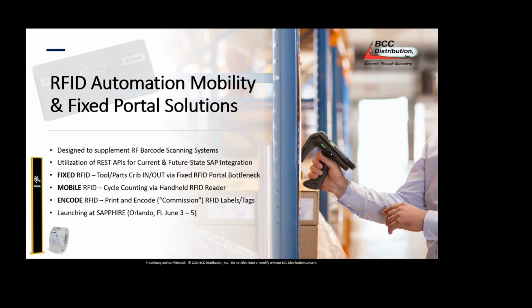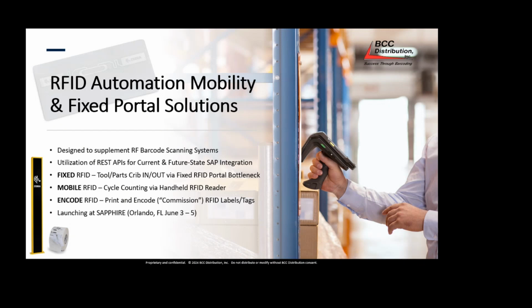And I say supplement specifically because if I have barcode scanning as my foundation, the additional capabilities like RFID would be a value add or an ROI for specific use case scenarios, not necessarily the step that I jump to right away. If I go from manual to RFID for everything, that isn't necessarily the best approach. So all these advanced automation tool sets are designed to build upon what you've already done with barcoding, so it's designed to supplement.